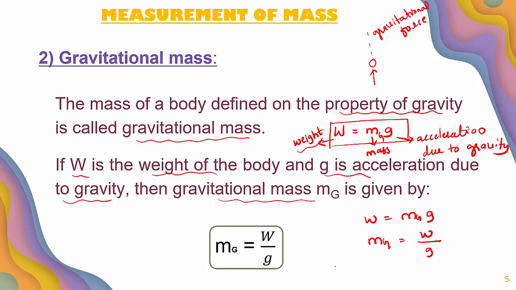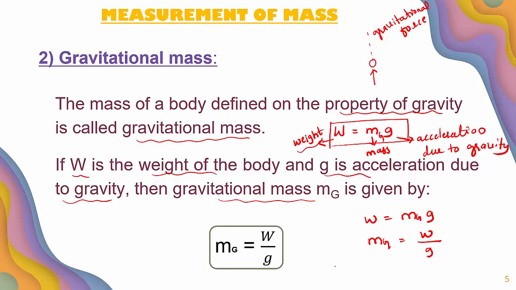Is it clear? So there are two types of masses. First one is inertial mass. Second one is gravitational mass. Inertial mass depends on applied force and acceleration, where we are using Newton's laws of motion. And the second one is gravitational mass.